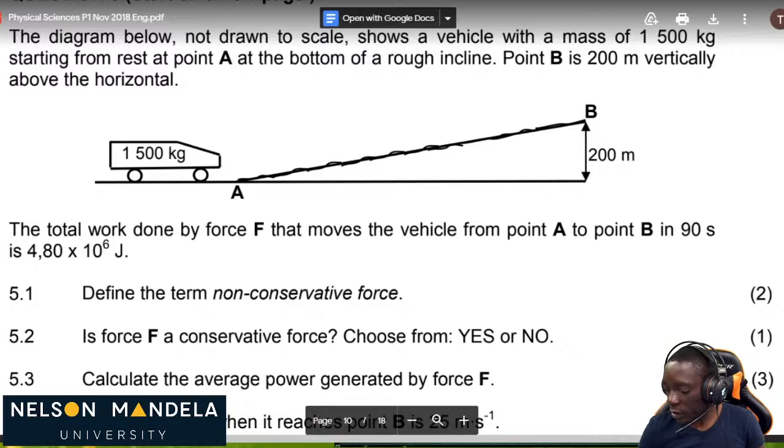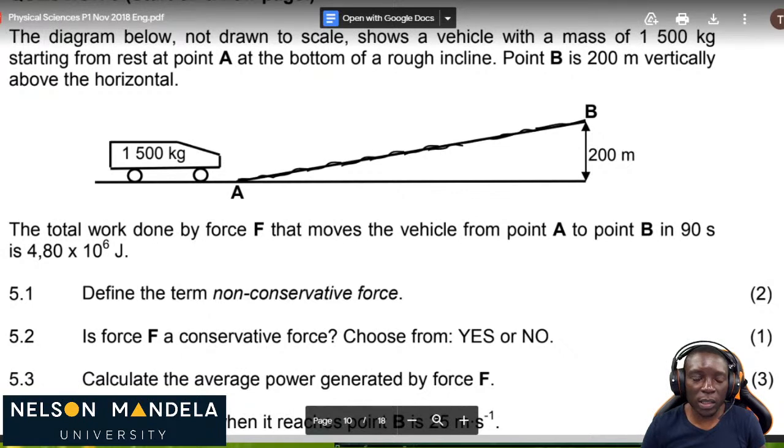The work done by friction plus mass 1,500, g 9.8. The height or the distance over which gravity acts is 200, and the angle there is cos 180, because gravity is acting in the direction opposite to the displacement of 200 meters.